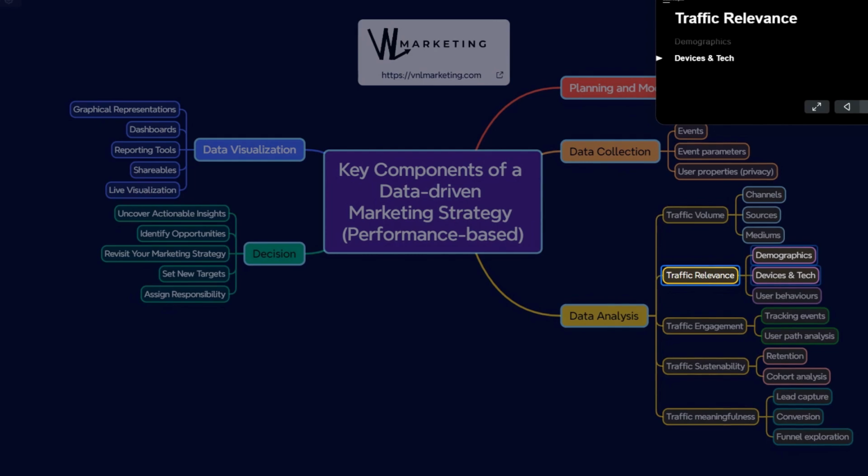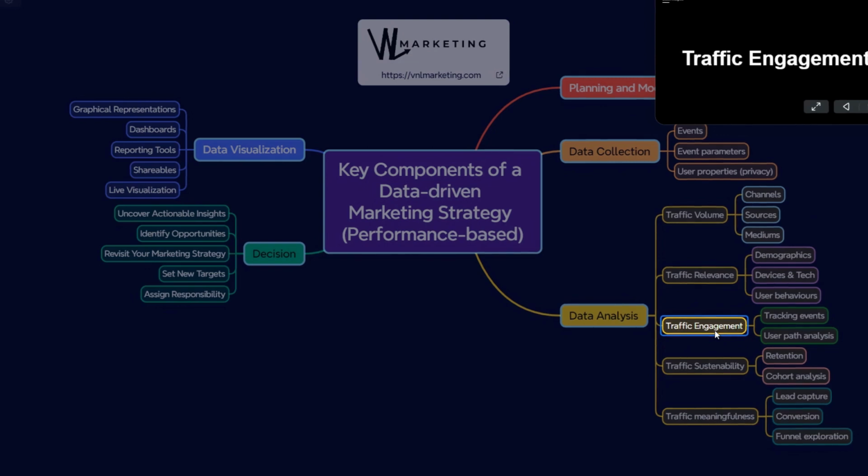You may want to target iPhone users rather than Android users. So, what devices are they using to connect? And of course, the user behavior. There are ways to monitor how users are moving around your website. So these are some of the things you can analyze to know the relevance of the traffic you are getting.